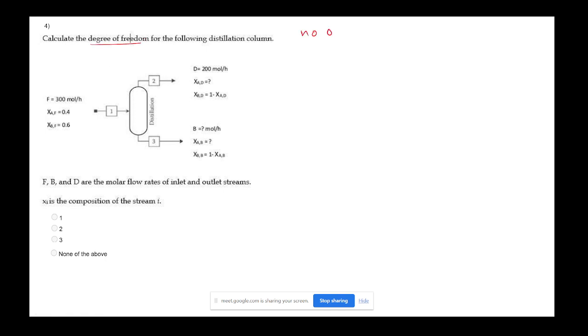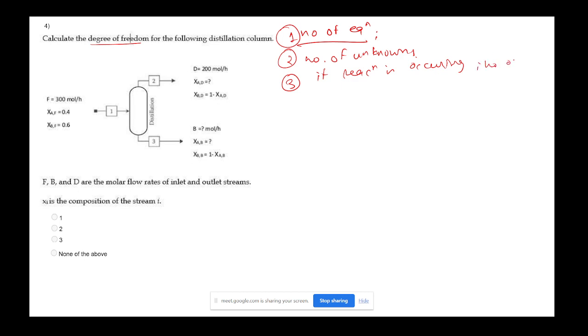You need number of equations first, second you need number of unknowns. If reaction is occurring, then number of reactions also you need to know.